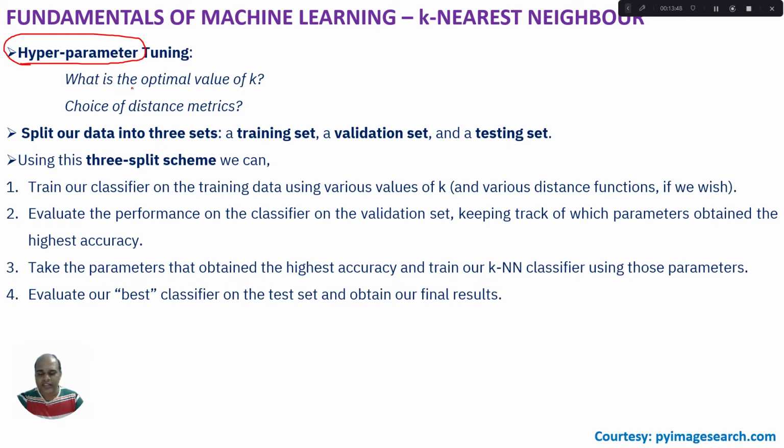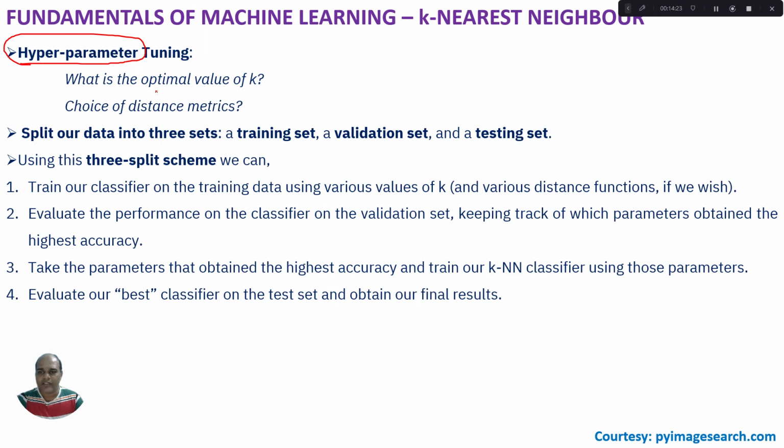So here when I say the k value as 1, 3, 5, 7, I am not mentioning k values of 2, 4, 6, because if I take an even value of k, for example k equal to 2, then one data point says it is class A and another data point says it is class B. Then our machine will be in a dilemma to choose which label.